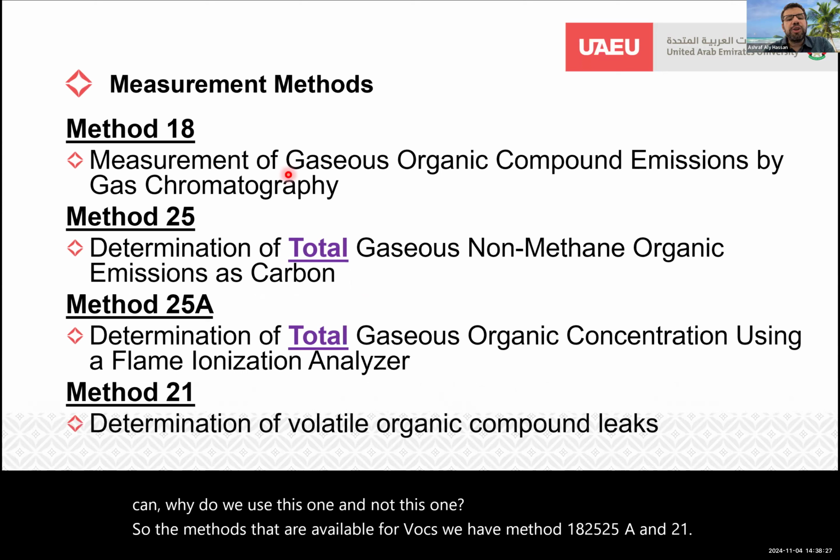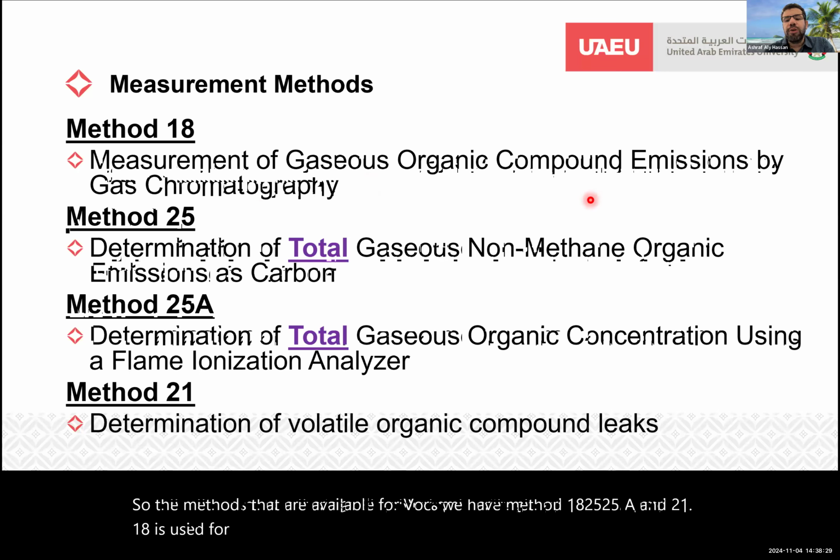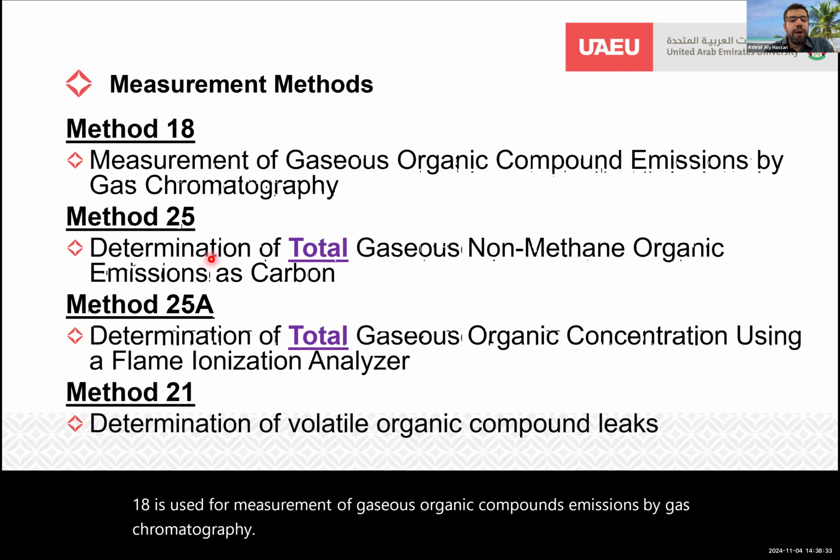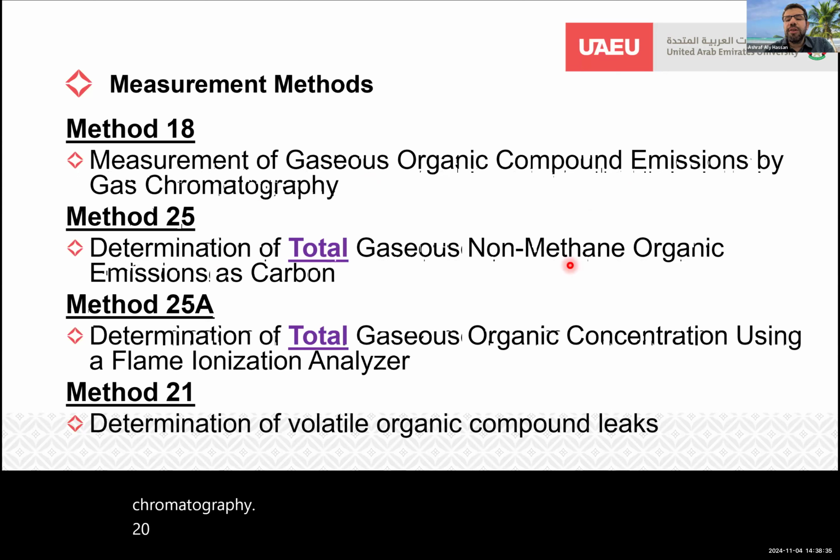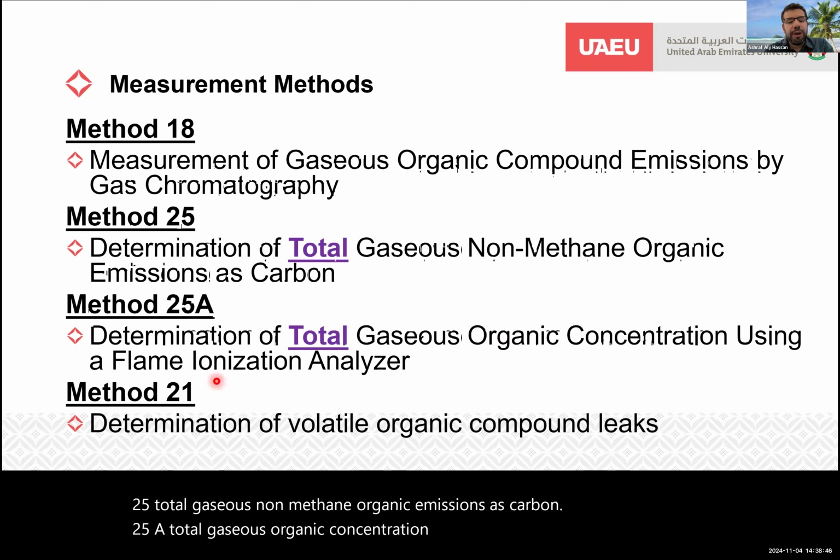18 is used for measurement of gaseous organic compounds emissions by gas chromatography. 25, total gaseous non-methane organic emissions as carbon. 25A, total gaseous organic concentration using a flame ionization analyzer.